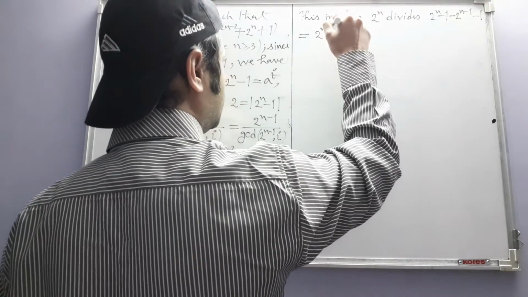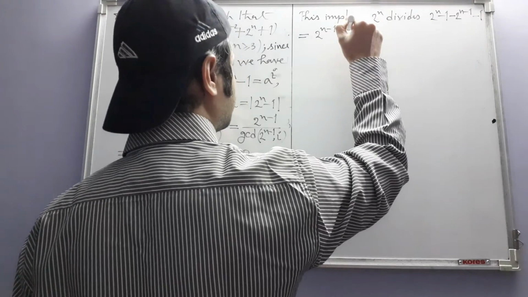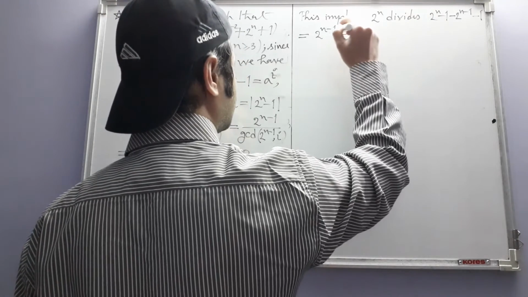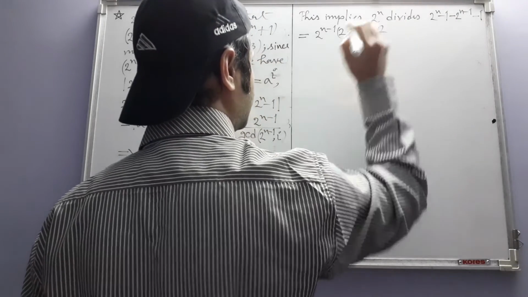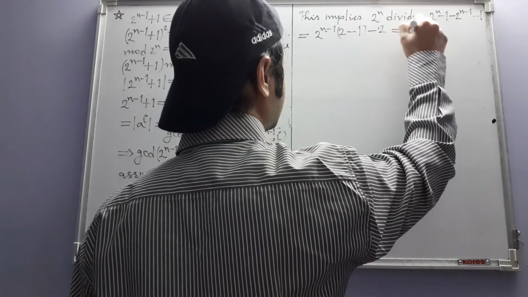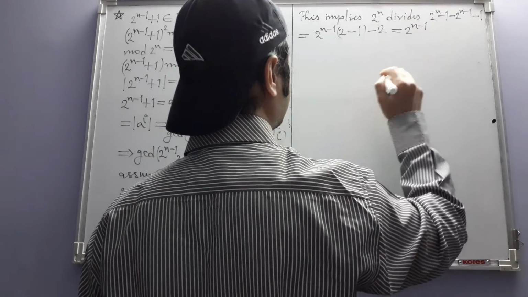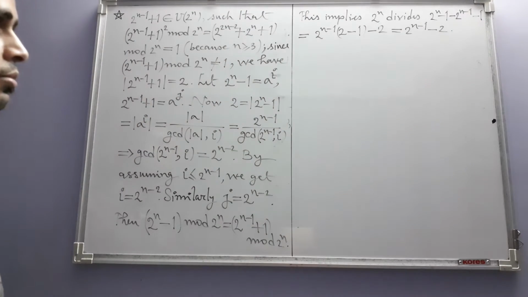Then you will have 2 from this term minus 1 from here. And this minus 1 and minus 1 give us minus 2. Okay, so we have 2 to the power n minus 1 minus 2. Okay.